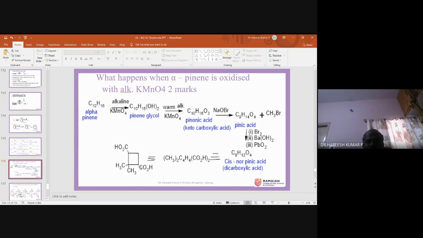Cis means both the carboxylic groups are on the same side. Suppose one carboxylic acid is towards the observer and another is away from the observer, then it is trans. If both carboxylic acids are away from the observer, then it is cis.